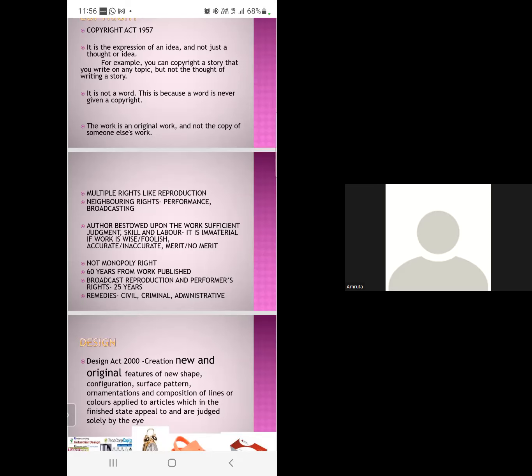Under the Copyright Act, we have a criminal provision of maximum 2 years of imprisonment. And administrative is similar to civil: take the injunction and stop him from using or reproducing that work in the future.